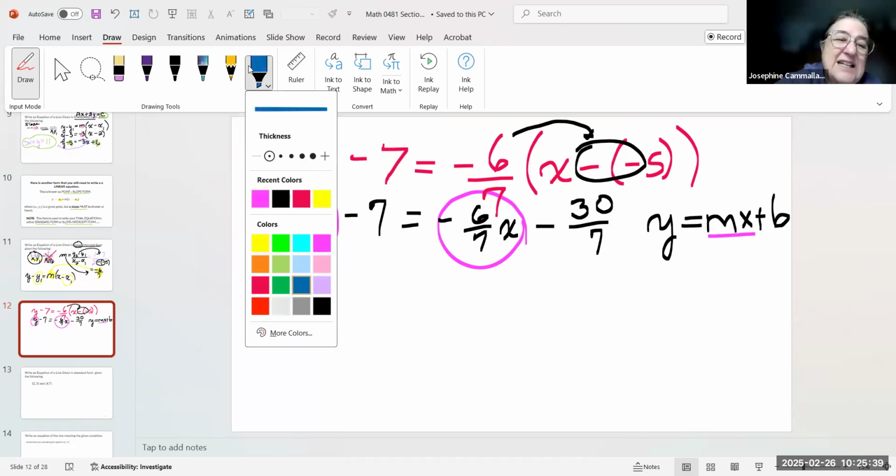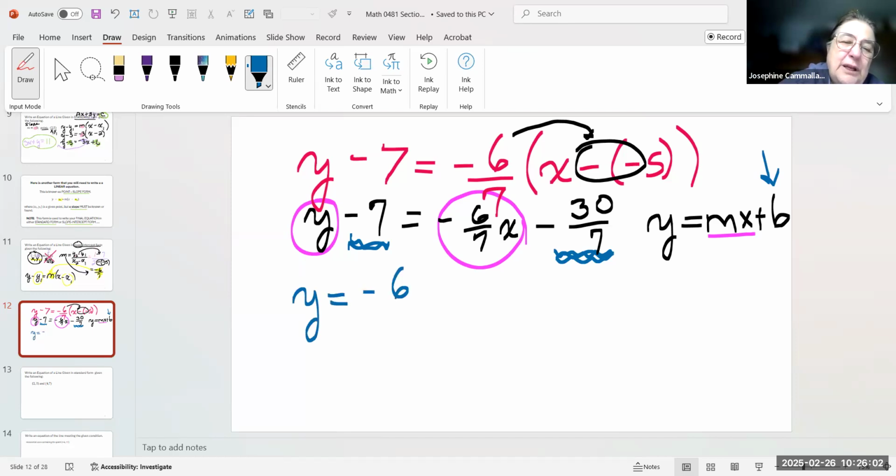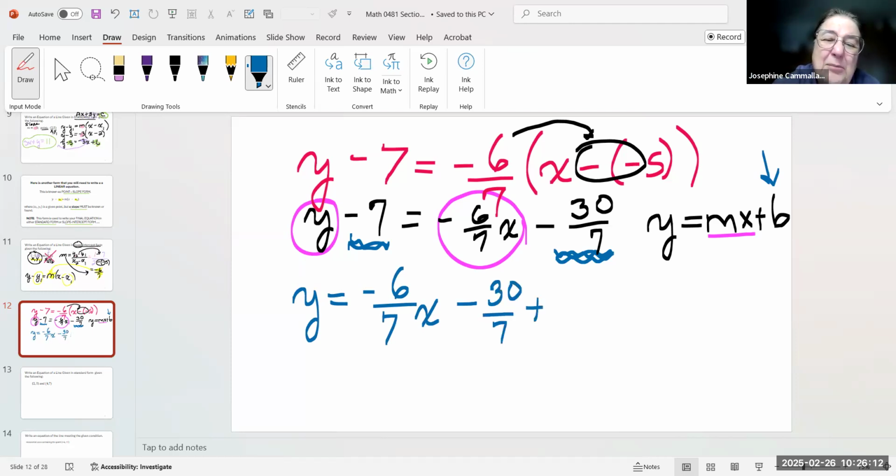But this negative 7 and this negative 30/7, they've got to become my b. So this is y equals negative 6/7 x, and now I have a negative 30/7 plus 7/1.